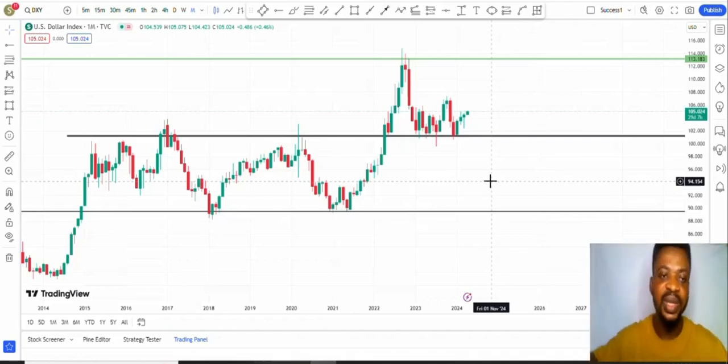So guys, back to the business of the day: the market-wide outlook for Q2, and what we should expect from the market in the second quarter. How to view the market from this second quarter, right? Market outlook for the second quarter.